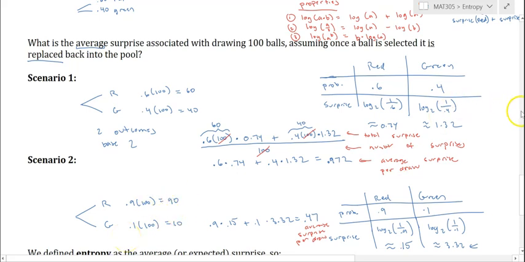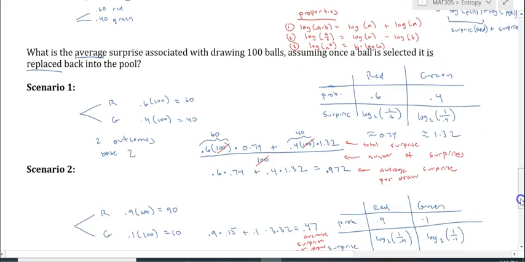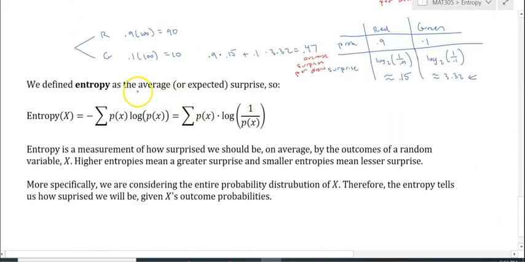And now finally, to our definition of entropy. Entropy is simply the average or expected surprise. Okay, so the entropy of a random variable x is, and I want to use this definition here. Notice that what we did is we took a probability of red times the surprise of red.